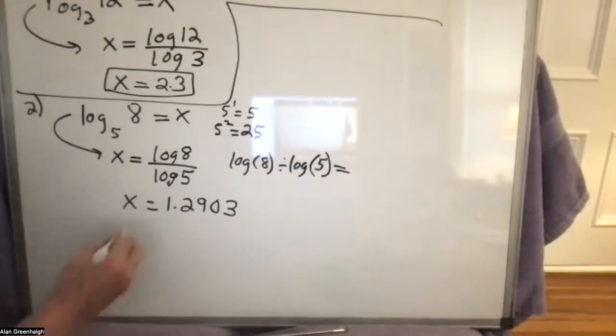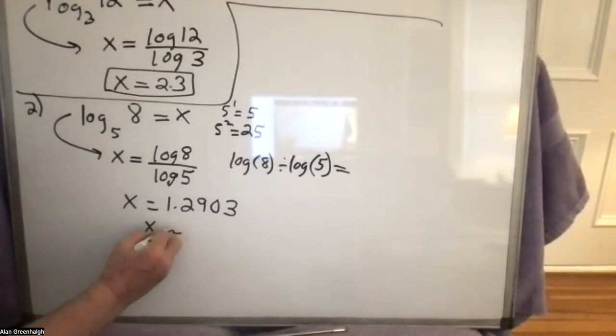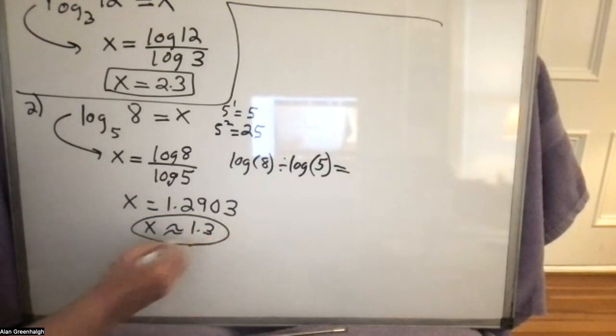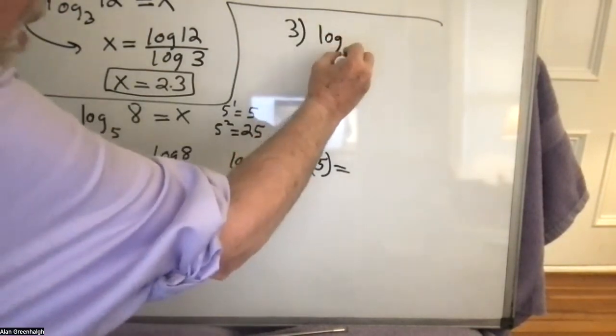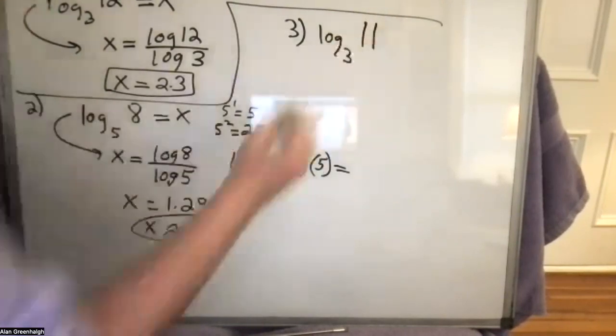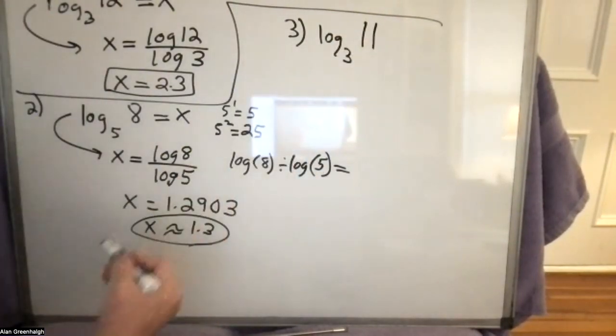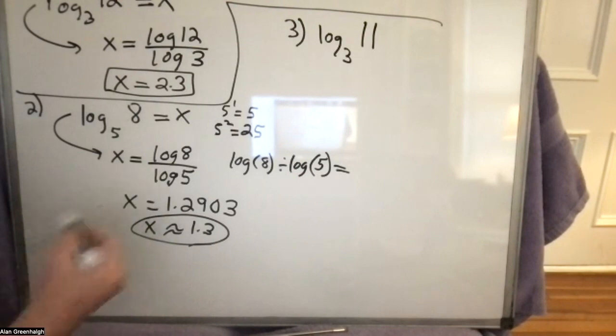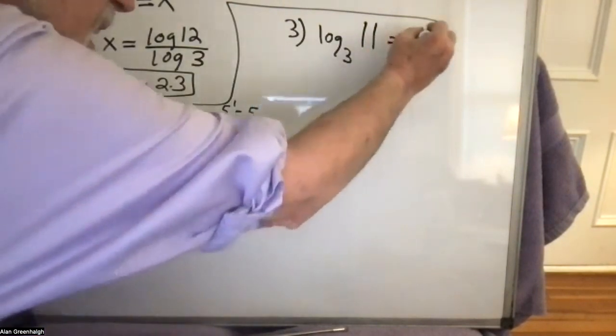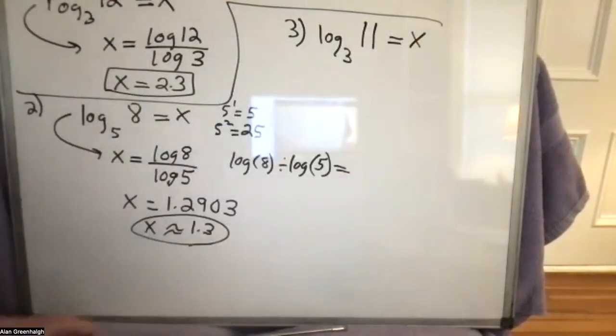But if you wanted to round it off, which is absolutely fine with me, the answer would be 1.3. And that's how you do that type of problem. The log of 11 to the base 3 is equal to x. Solve for x. Okay, that's for you to do right now.